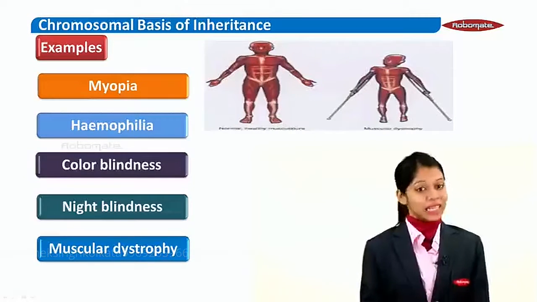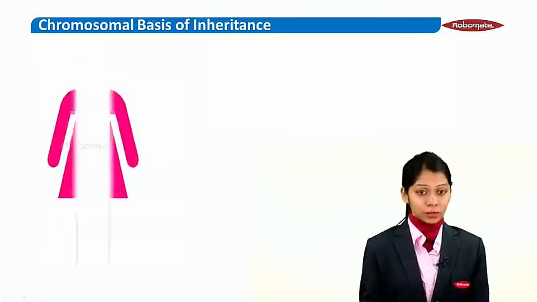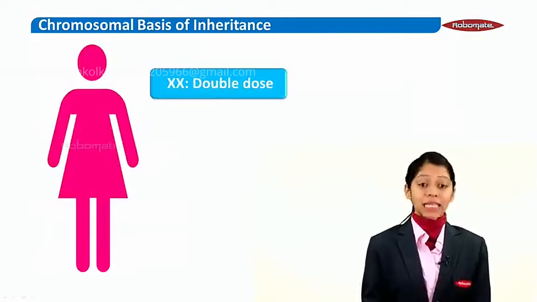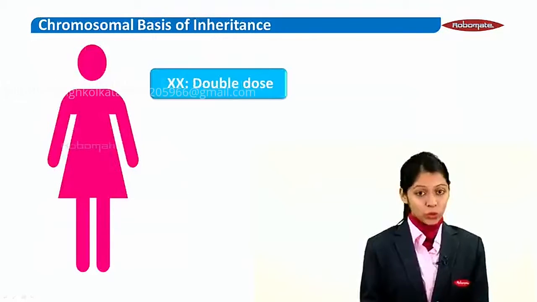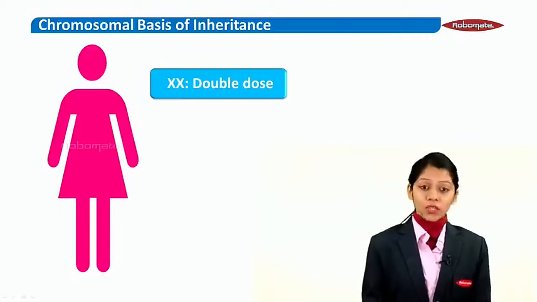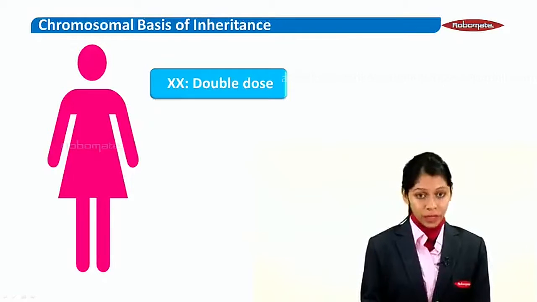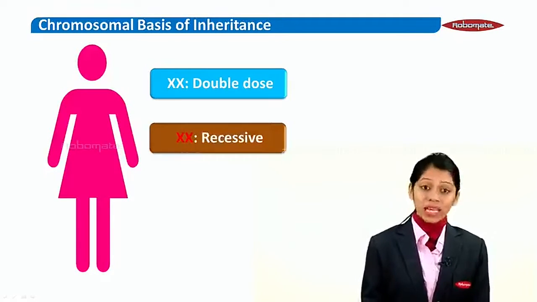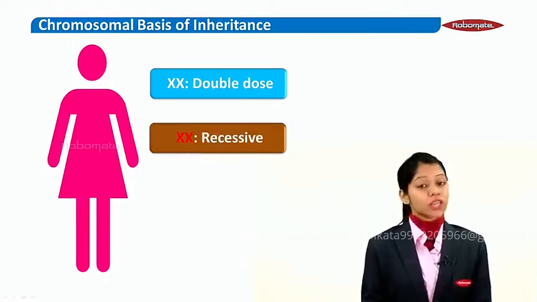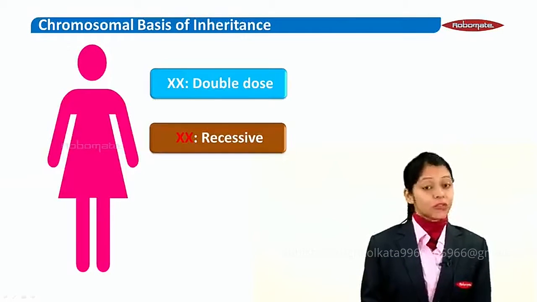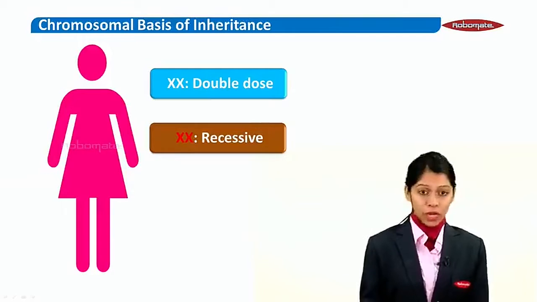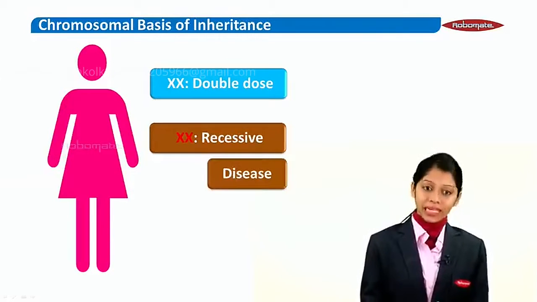Now, a female contains a double dose of X chromosome, that is XX. So in most cases, she does not suffer from X-linked diseases. When a female contains one recessive copy, she will become a carrier. If she contains two recessive copies, only then will she be diseased.